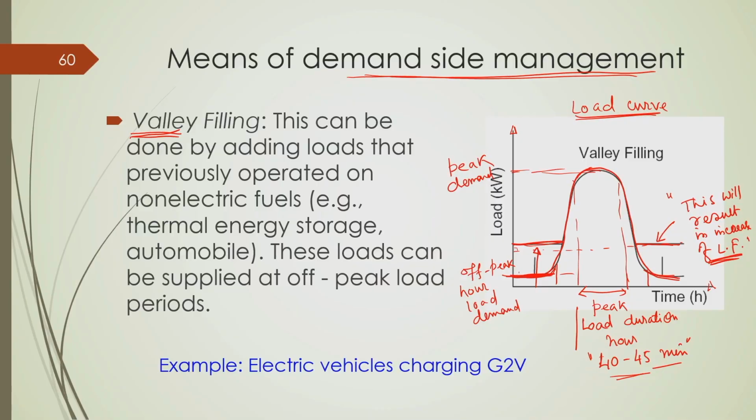Now, the question is how can we do so, because again load, as you know, is not in the hand of the utility. Okay. So, what we can do, there are various options available. One is that some of the loads are still non electrical loads. Okay. For example, thermal energy. Thermal energy is not an electrical load.